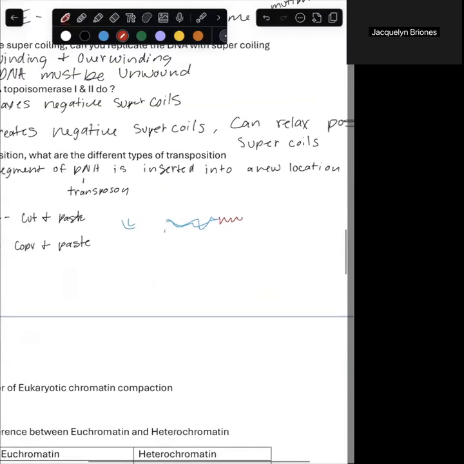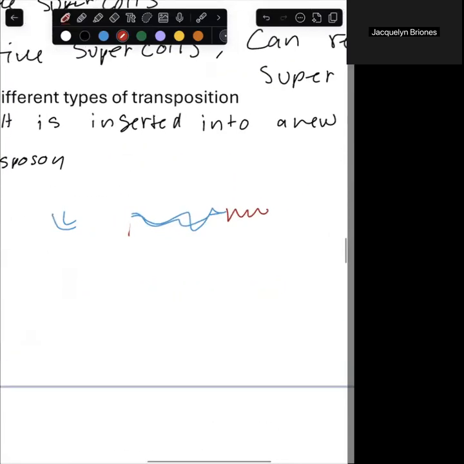Versus retrotransposition, you're gonna have DNA, right? This is a piece that you're gonna take out. But in retrotransposition, you're copying and pasting it. So it's copied and pasted over here, or it could be pasted right here too.